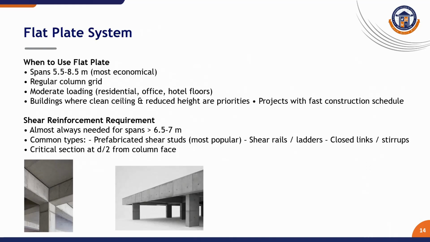Shear reinforcement is almost always required for spans more than 6.5 to 7 m. Common types include prefabricated shear studs, shear rails and ladders, and closed links and stirrups. The critical section for the shear check is at d by 2 from the column face.